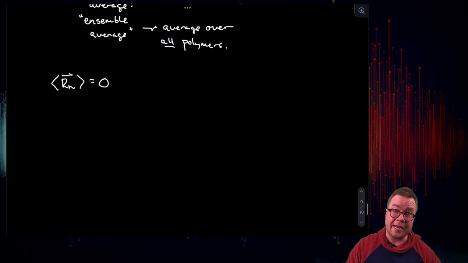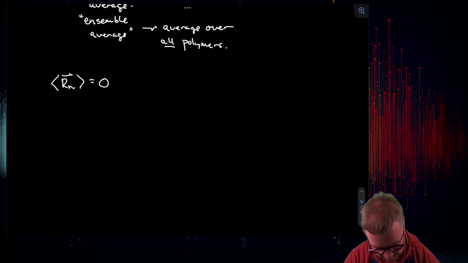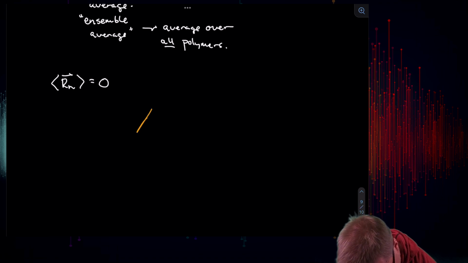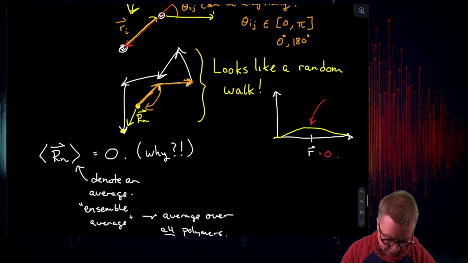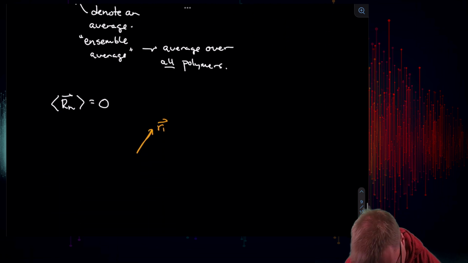Okay, and remember, any direction is possible with these bond vectors. So the first bond vector might look something like this. So this would be R1. And then we connect R2 to it. So you'll notice that R2, in this case, looks like this horizontal line. So we'll go down here, and here is R2.